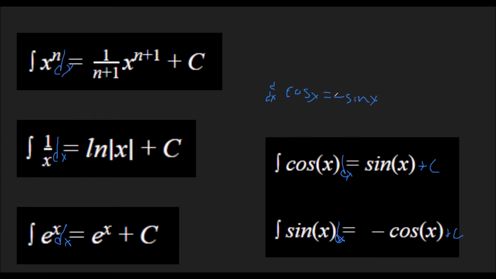And so to integrate sine of x, you would end up with negative cosine of x. If you were to integrate negative sine of x, you would end up with cosine of x.